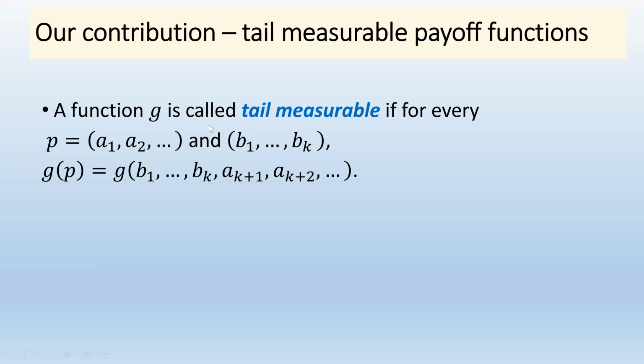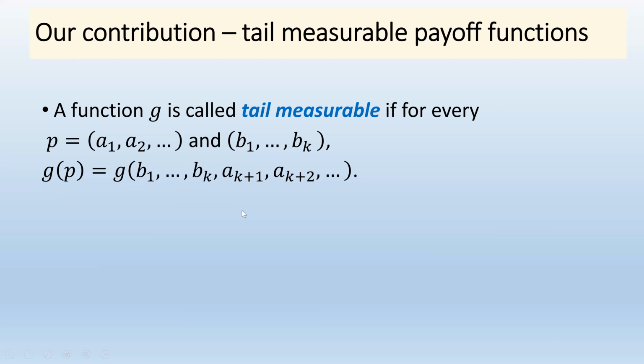If the function G is tail measurable, then it will assign the same value to the 2 plays, the one before the replacement and the one after. Again, if 2 plays coincide from a certain period on, then the function assigns the same value to them. More formally, a function is called tail measurable if for every real number, the set of plays whose payoffs are at least that number is a tail set.